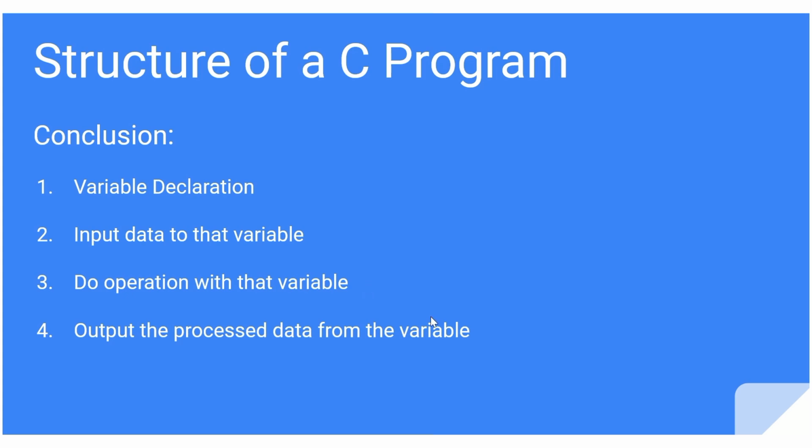To manipulate the data, we have to store the data virtually, either in register memory or in RAM. So we have to first declare a variable which occupies memory from the RAM or register. Then we have to input data from the user to that variable. Then you have to operate on that variable data. Then after processing the data, we have to display that.